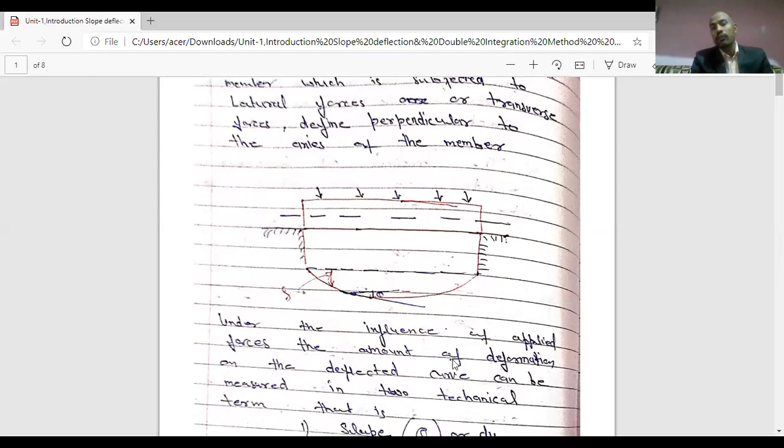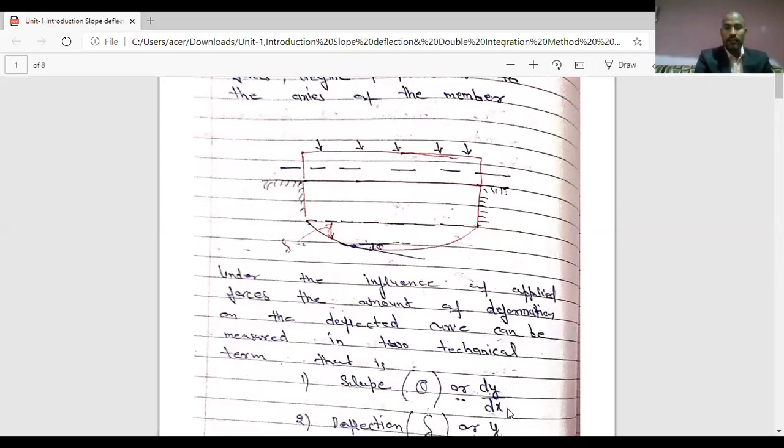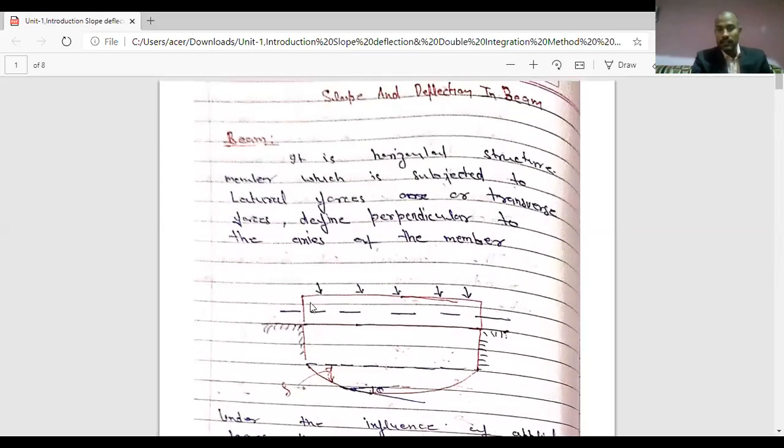Due to the load on a beam, any deformation on a deflected curve can be measured in two technical terms. If we see here, we applied load W or any load. It may be uniform load or unit load. This beam is deflected in this shape.